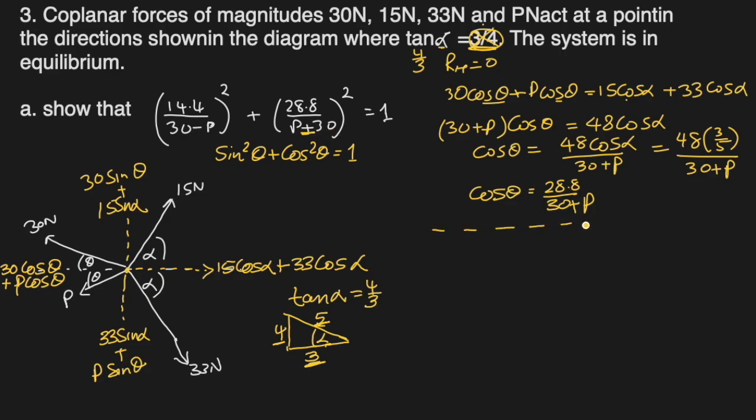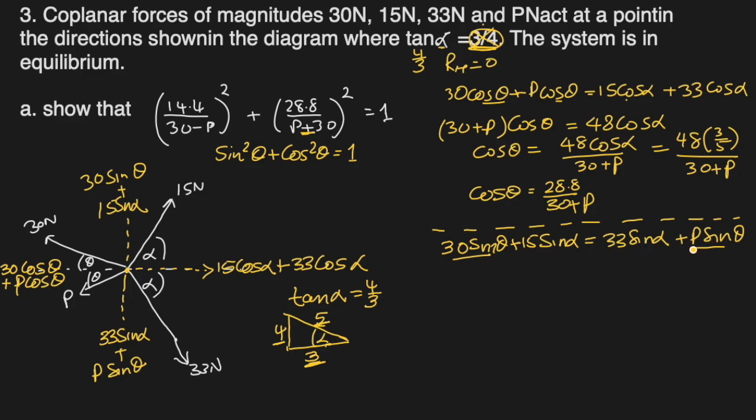So let's talk about the vertical forces now. These vertical forces: 30 sine theta plus 15 sine alpha equal to 33 sine alpha plus p sine theta. So let's combine thetas and alphas together.